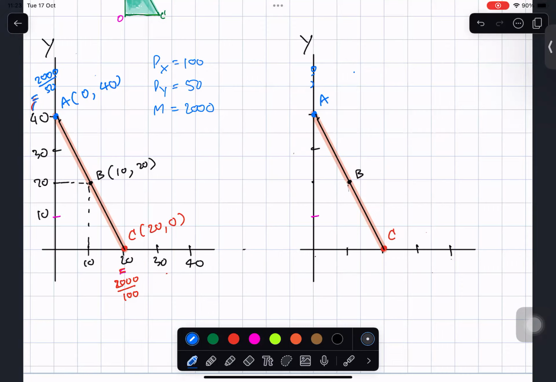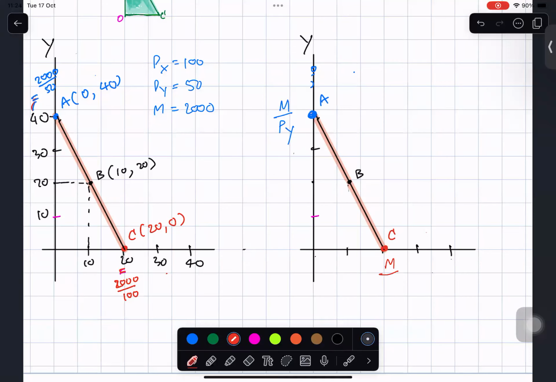Next, let's be abstract. Point A here, basket A, comes from M divided by PY. Budget divided by price of good Y, Pepsi. The red basket here intercepts the x-axis.